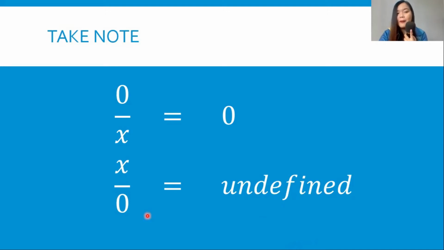But in here, if you divide a number by 0, it will always be equal to undefined, not 0. For example, 0 divided by 5, your answer is 0 kasi nauna yung 0. But if you divide 5 by 0, undefined. Hindi yan 0, but it is undefined. Take note of that.